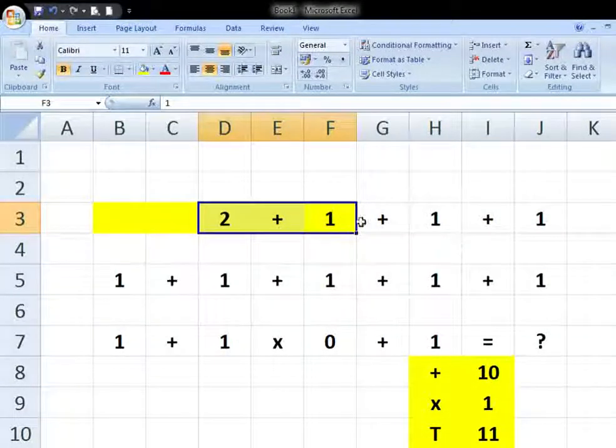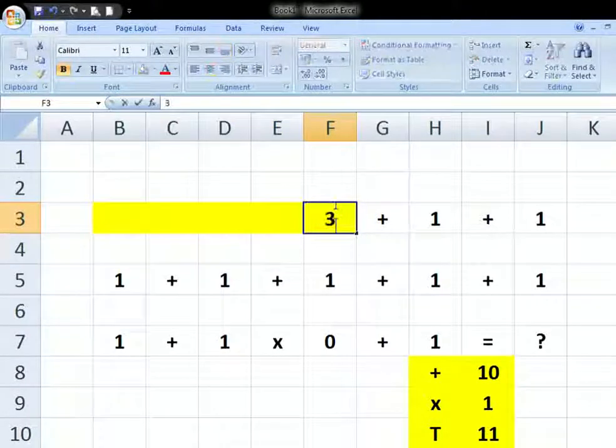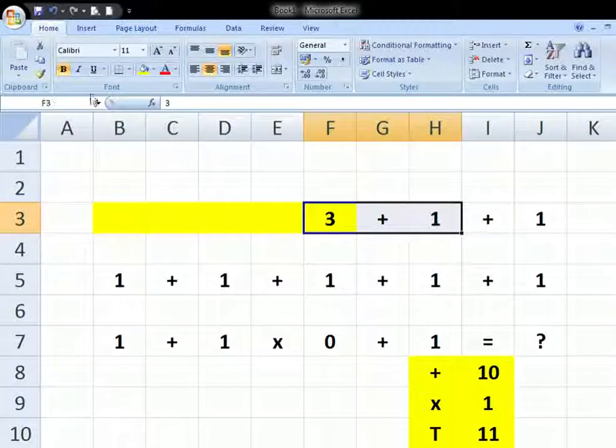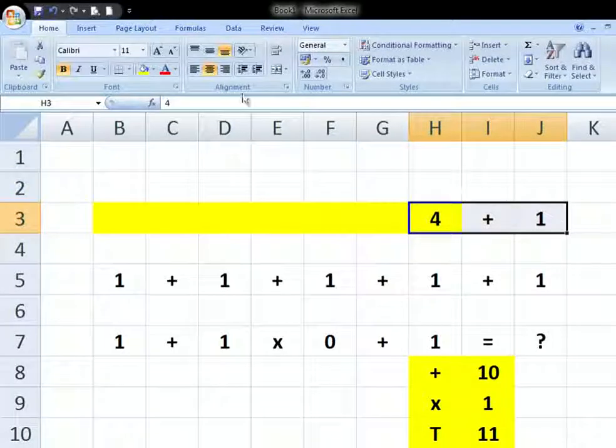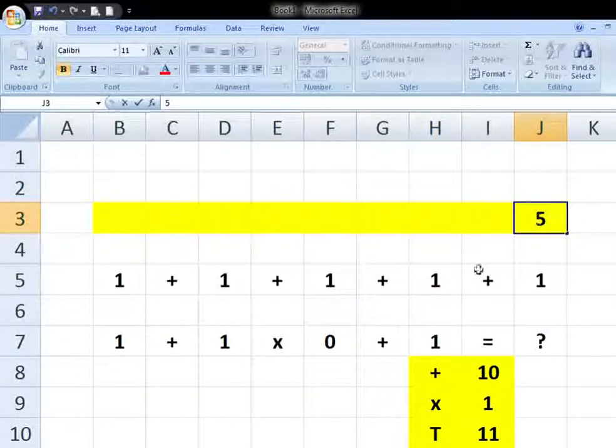So I'm going to delete this part and put it over here, 3. Now we have 3 plus 1. In a similar way, 3 plus 1 is 4. Let's make it a 4 over here. And in a similar way, we have 4 plus 1 equals 5.